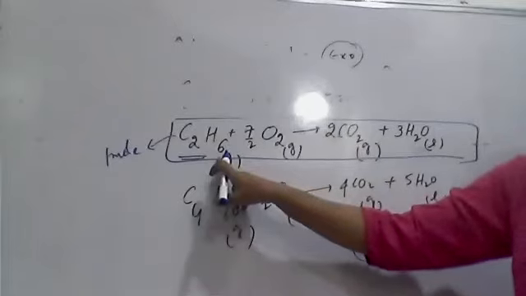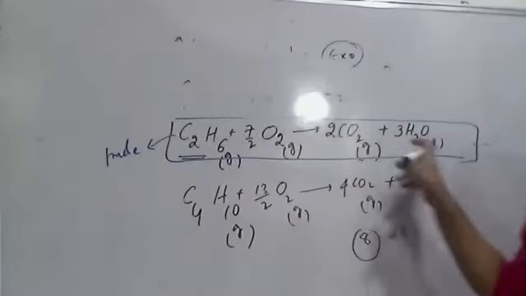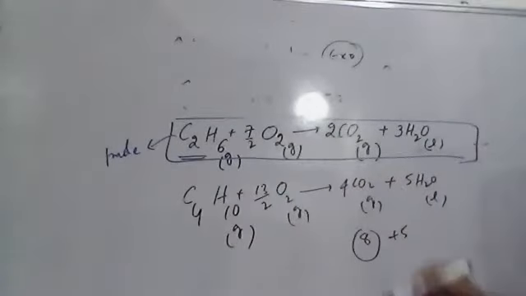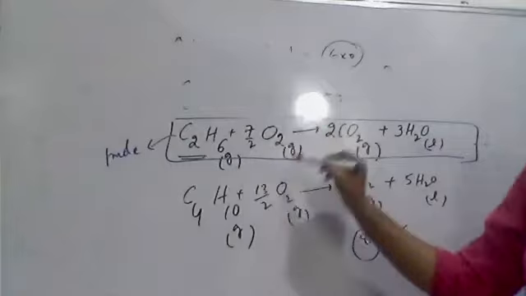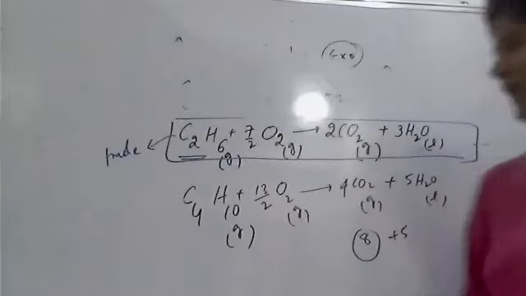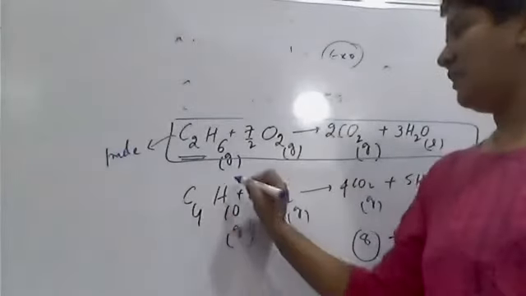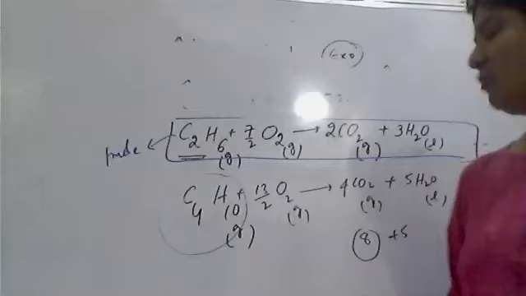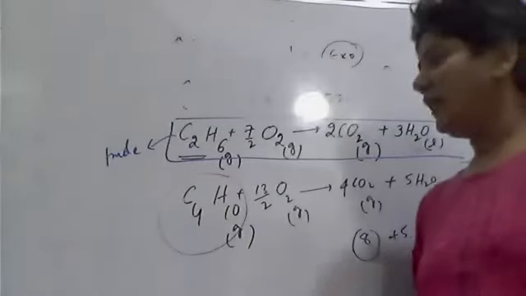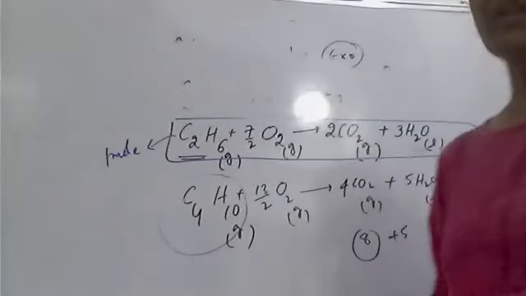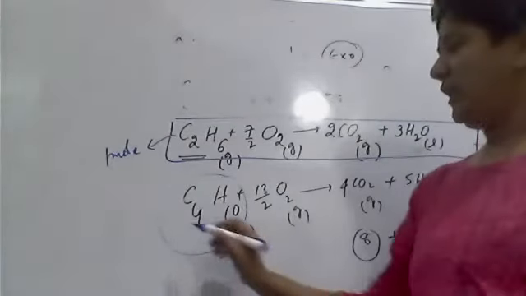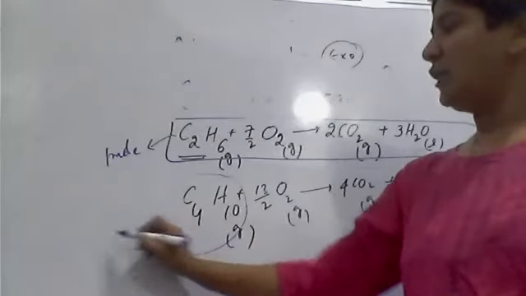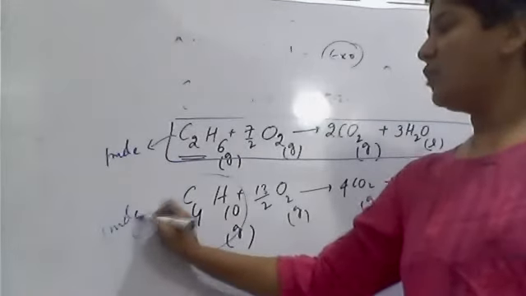H6 gives 3H2O. How much oxygen is required here? 3.5, that is 7 by 2. Like that, here I have written for butane gas.